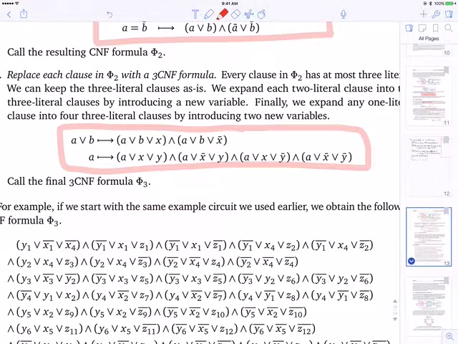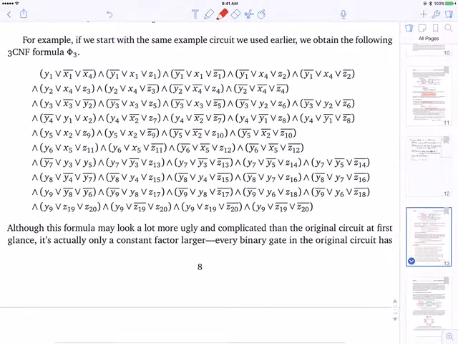At this point, I've transformed my circuit into a binary circuit, into a formula, into a CNF formula, into a 3-CNF formula. And that circuit that I showed you before gets turned into this. Now, this looks horrible and ugly and huge, especially compared to that nice, pretty picture I had a few minutes ago.